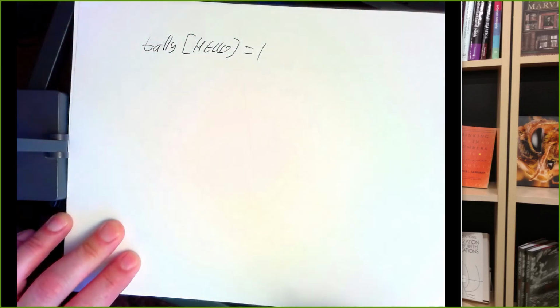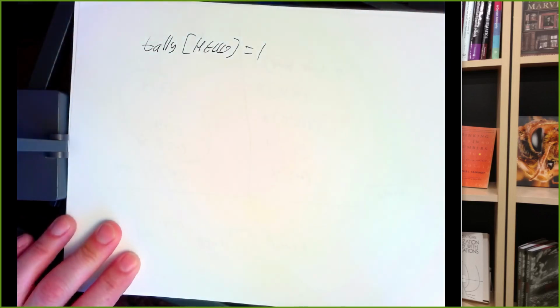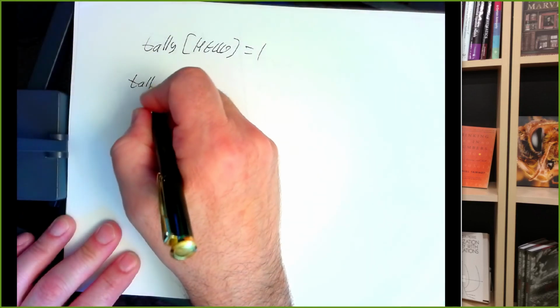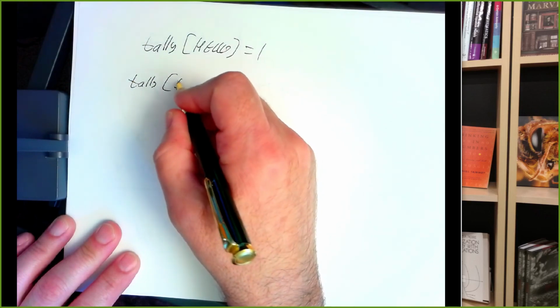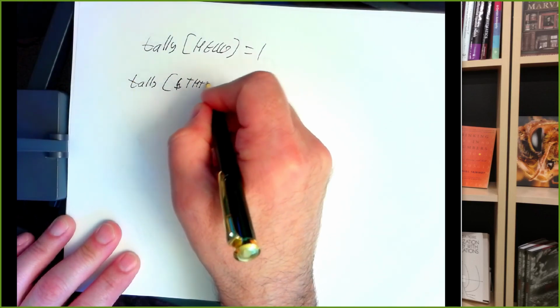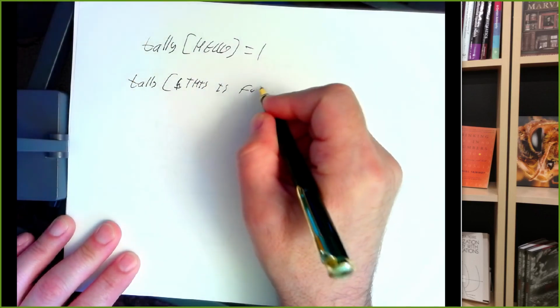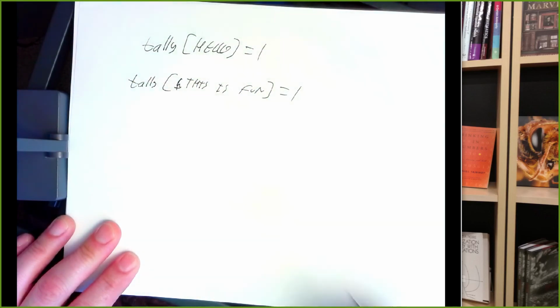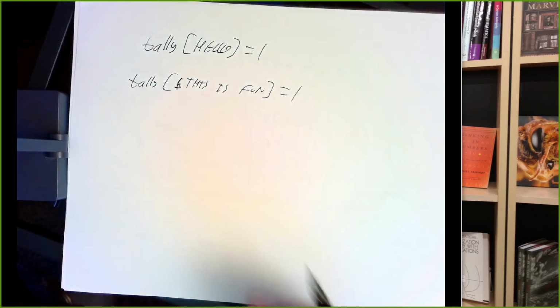We can store the number 1, saying, hey, I've seen the phrase hello once. And when we see a phrase that says this is fun, we can store at the index called this is fun, set that equal to 1 and say, hey, we've seen this phrase one time also.